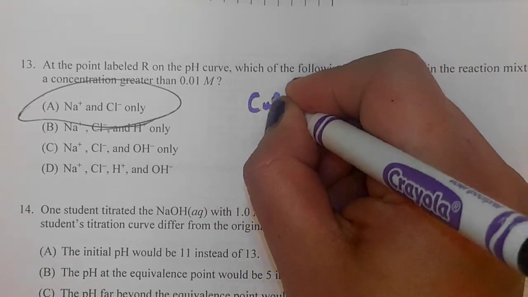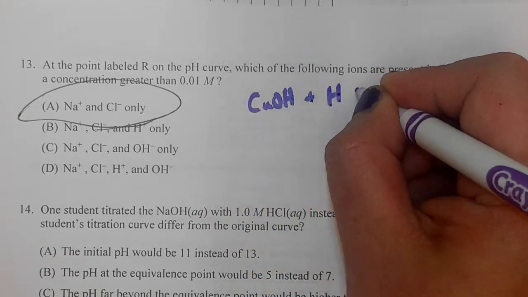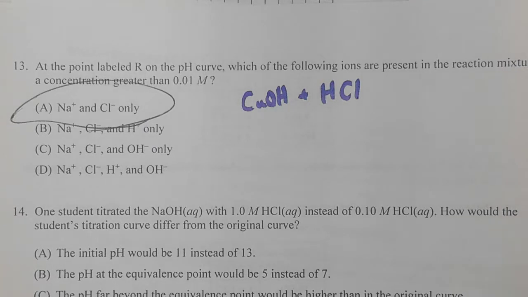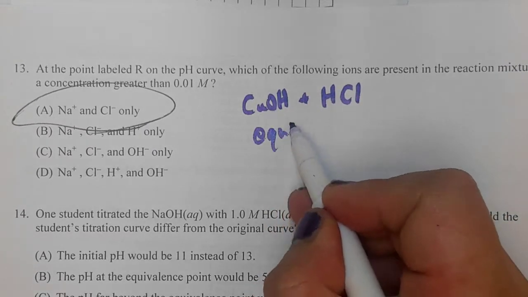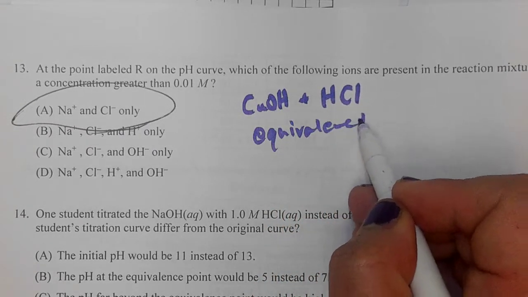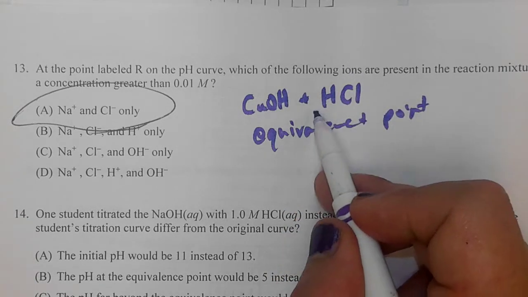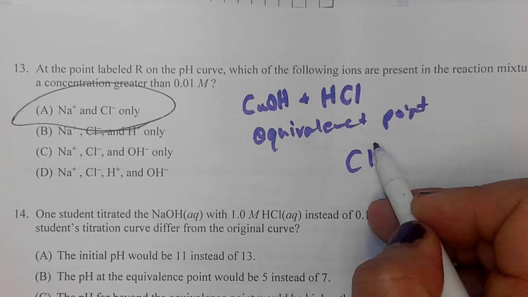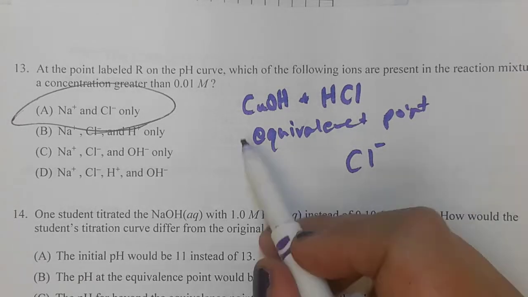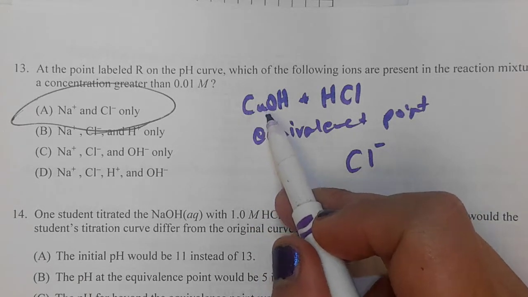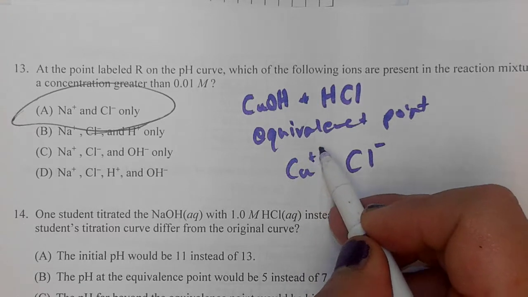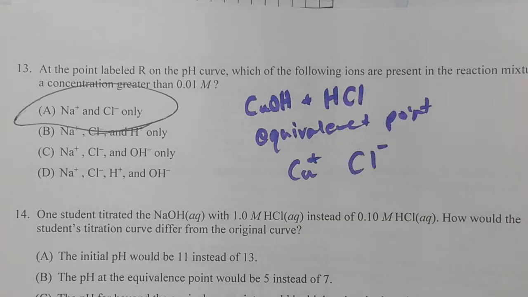Let's use CuOH with the HCl, okay? And we're looking at the equivalent point. We know that the acid is going to be gone. H is going to be gone for sure. So we're going to have Cl minus. Agree? We know that Cu will be left behind as OH will be gone.